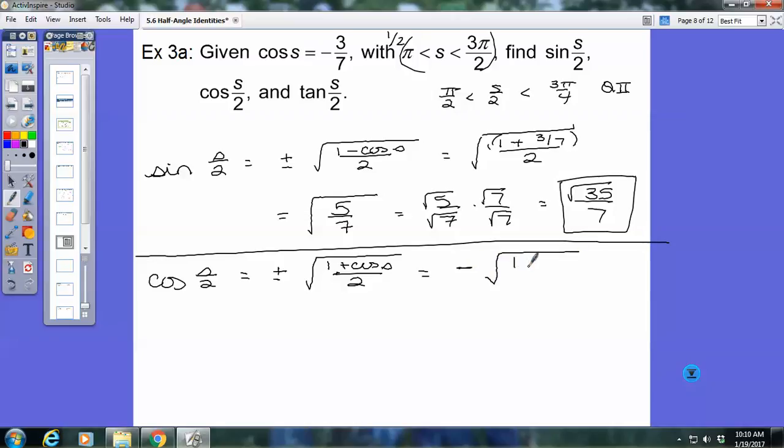So 1 plus cosine, which was negative 3 sevenths, so minus 3 sevenths, all divided by 2. So if you split that up, get your radical off the denominator, get negative radical 14 over 7.